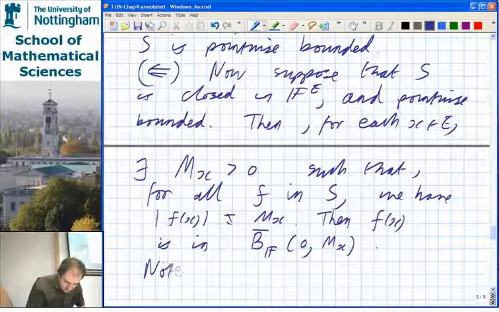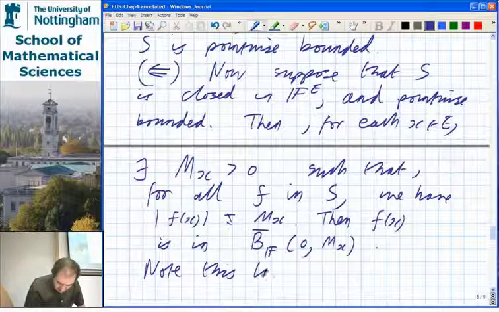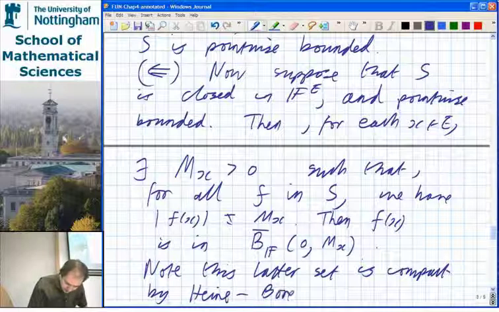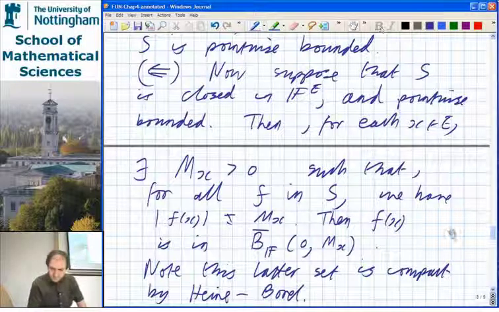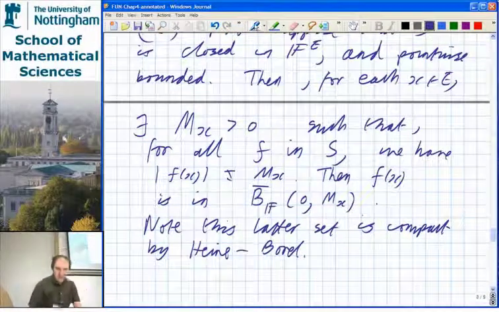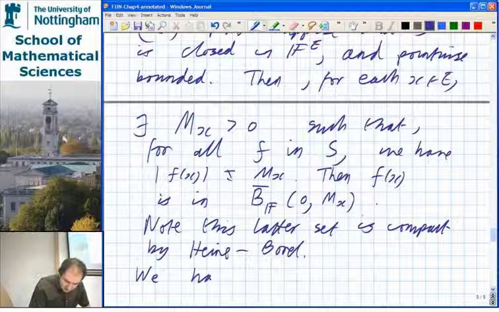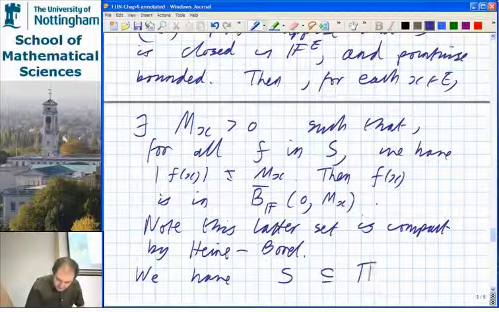So note this latter set is compact by Heine-Borel. And now we see that S is actually a subset of the product of all of these.